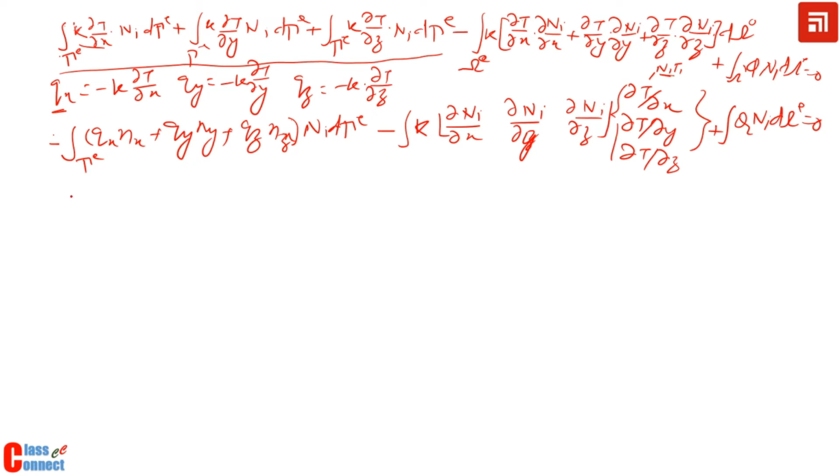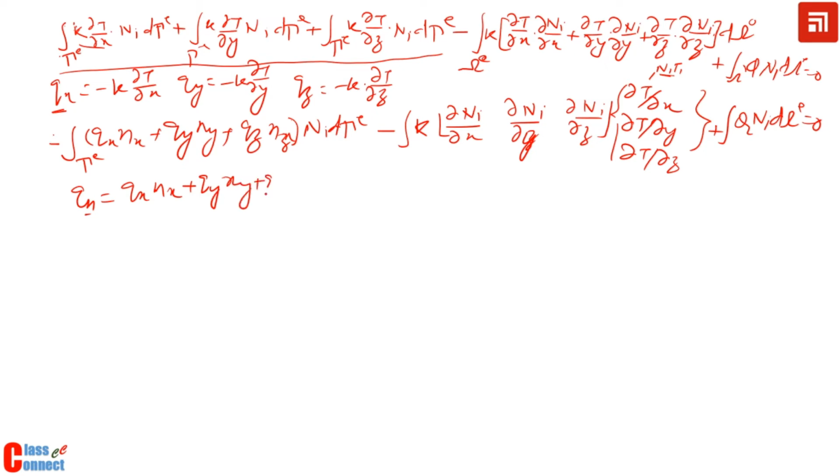These terms I can replace as Qn, that is equal to qx nx plus qy ny plus qz nz, the normal component to the surface Qn, and these are the components of this normal heat flux in the x, y and z directions, or xy plane, yz plane and zx plane.